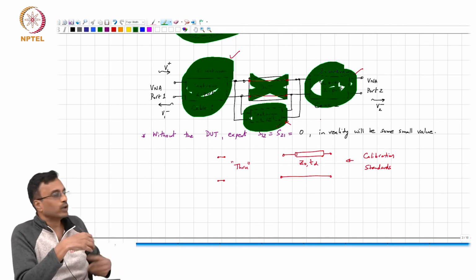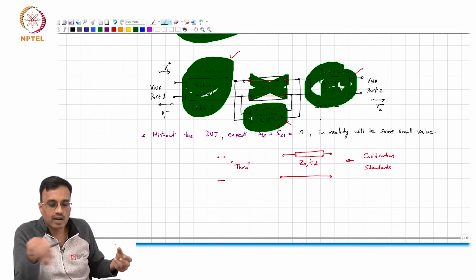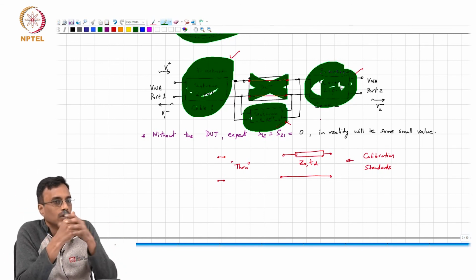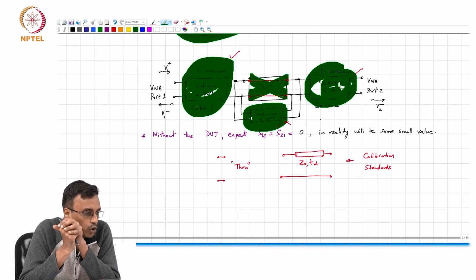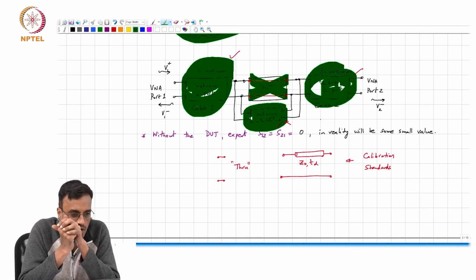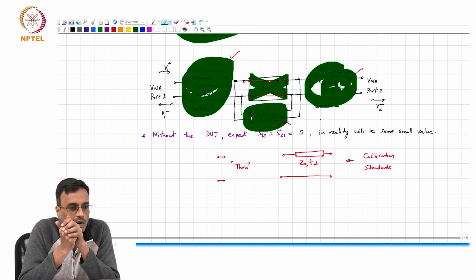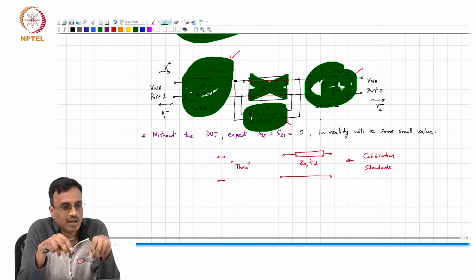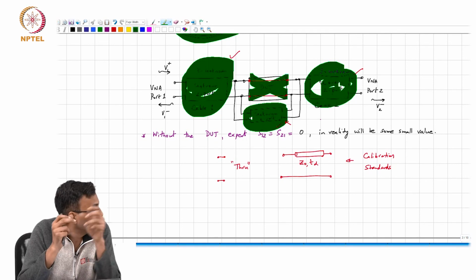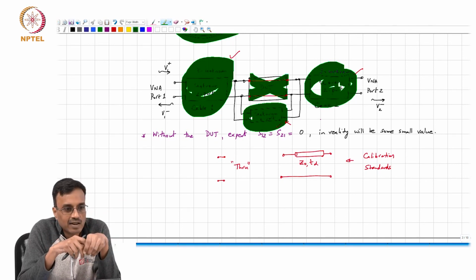Earlier, you would have to physically go and connect the cable to the open, the short, the load, and the through. And as you can imagine, people are not careful when they connect the end of the cable to an impedance standard.